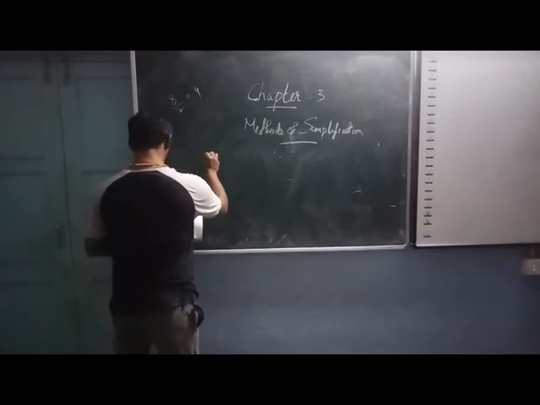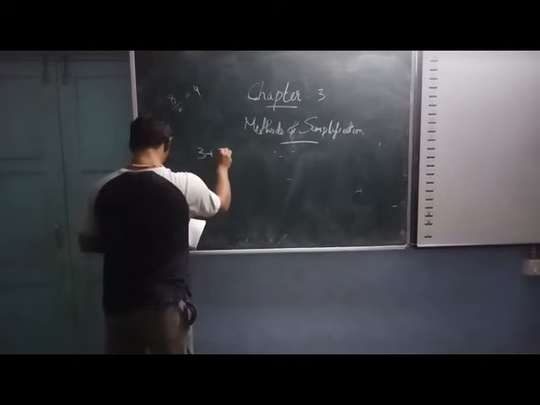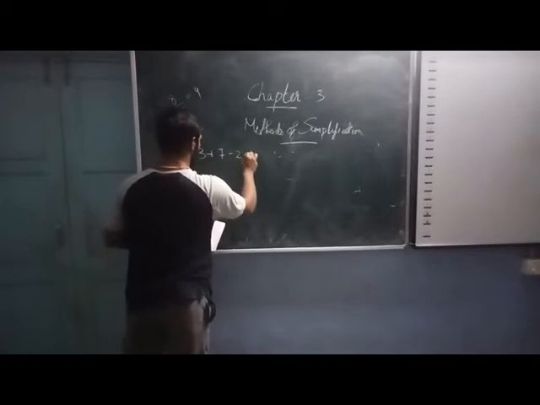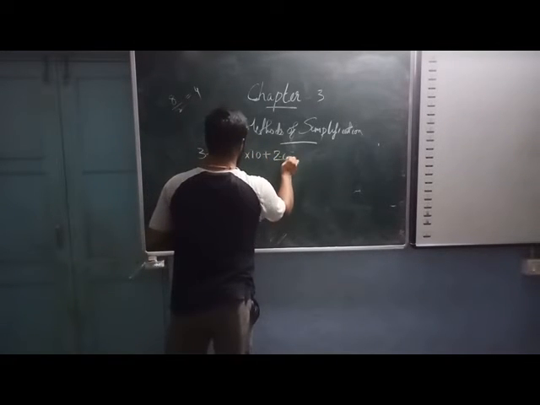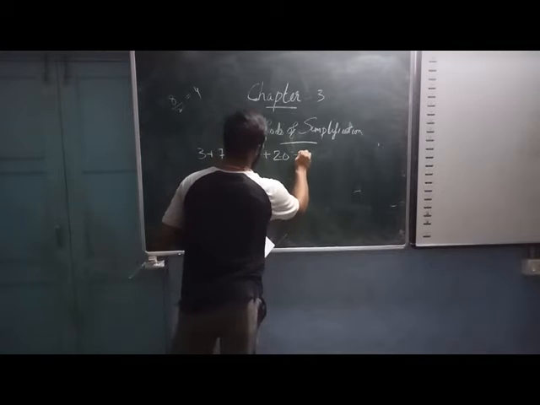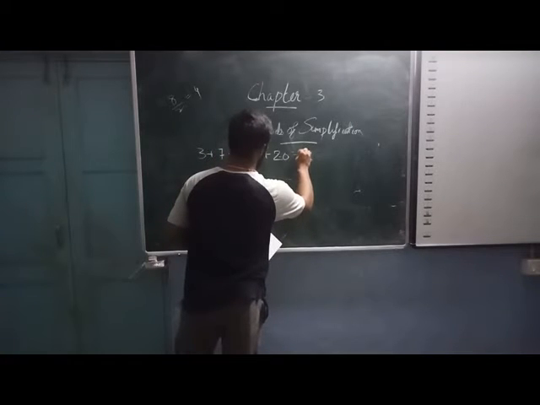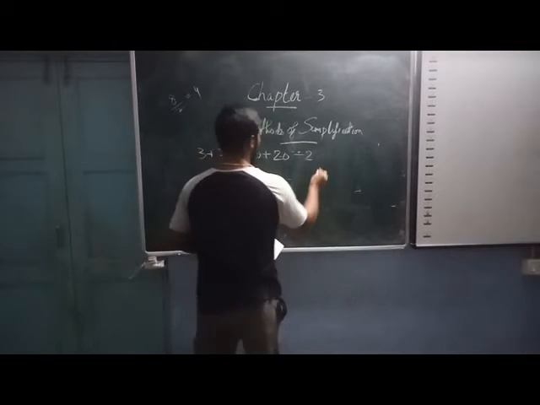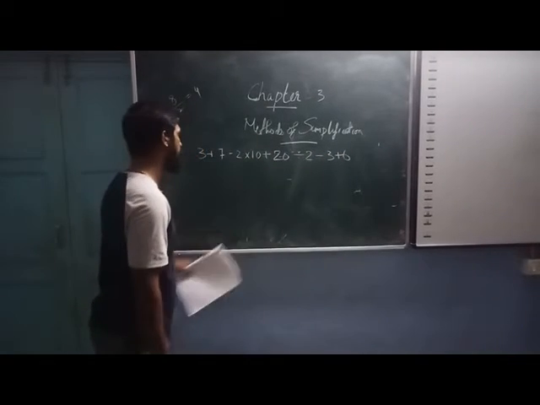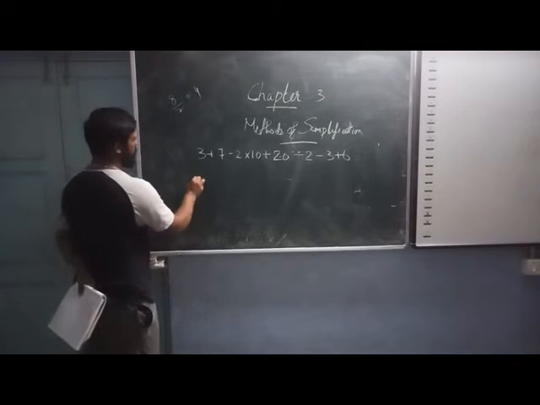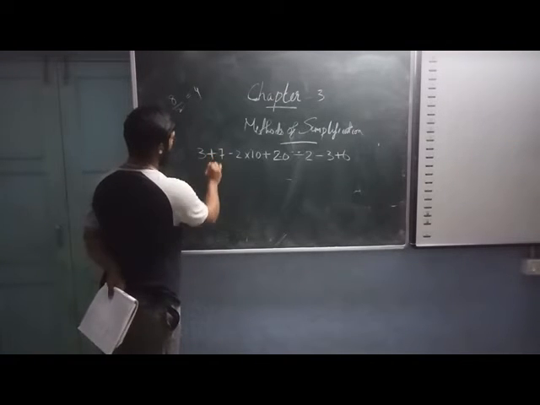The question is 3 plus 7 minus 2 into 10 plus 20 divided by 2 minus 3 plus 6. We have to find the answer. First of all, what is the operation we have to do?